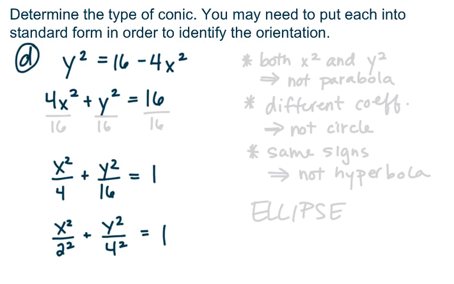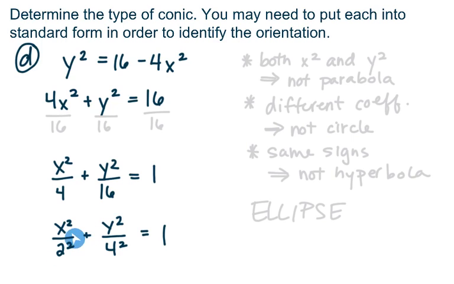Now, is this a horizontal or a vertical ellipse? Because the operation between these squared terms is plus or addition, we don't have any orientation to let us know, right? We have to look at the larger of the two values. So with a hyperbola, it's which comes first. The order matters when we're subtracting.